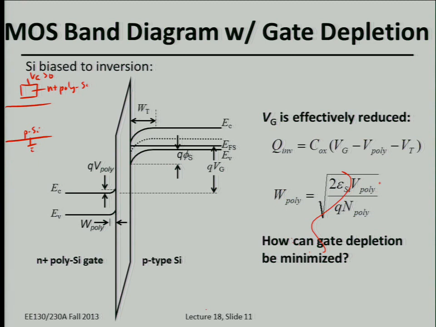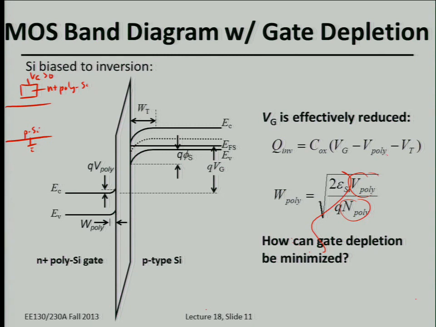So the question is, what is the width of this depletion region? It's given by the standard square root of 2 times the permittivity times the total voltage drop in the semiconductor, so this is the total voltage drop in the poly. The width of the depletion region is given by this equation with V poly as the voltage drop in the silicon, and the dopant concentration in the polysilicon is in the denominator like that.